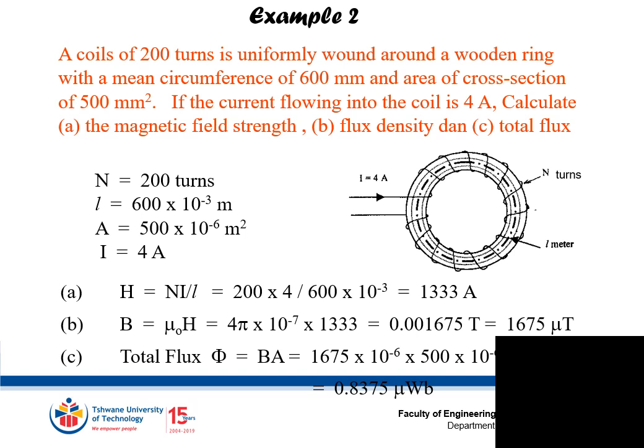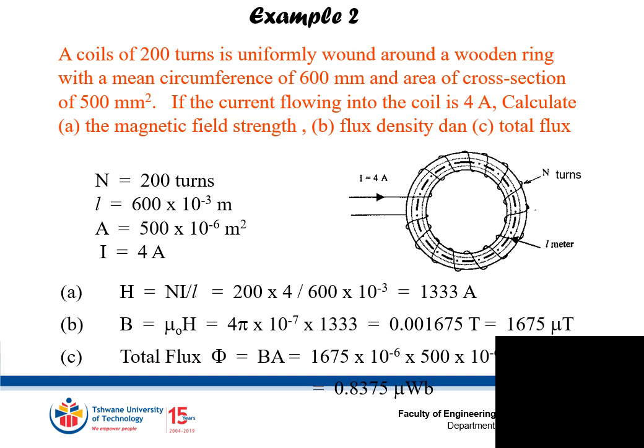So here we have the number of turns, N equals to 200 turns, L, which is the length, equal to 600 times 10 to the power minus 3 meters. A, which is the area, 500 times 10 to the power minus 6 square meters. And then I would be equals to 4 amperes.